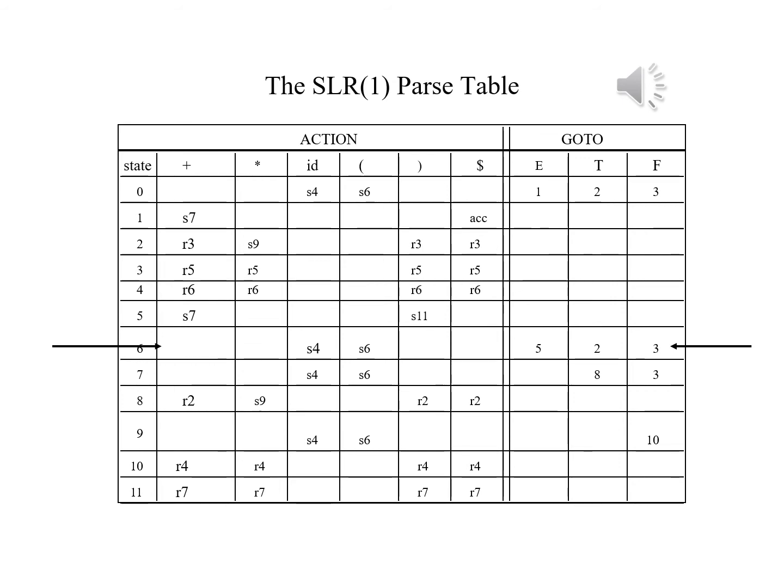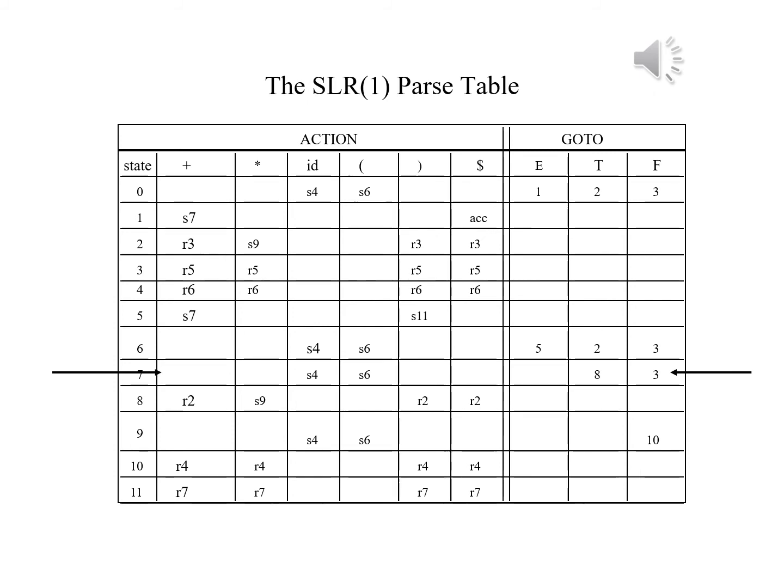On E we will go to state 5. On T we will go to state 2. And on F we will go to state 3. There are only 2 transitions on terminals. On ID, we shift and go to state 4. On open parenthesis, we shift and we go to state 6.